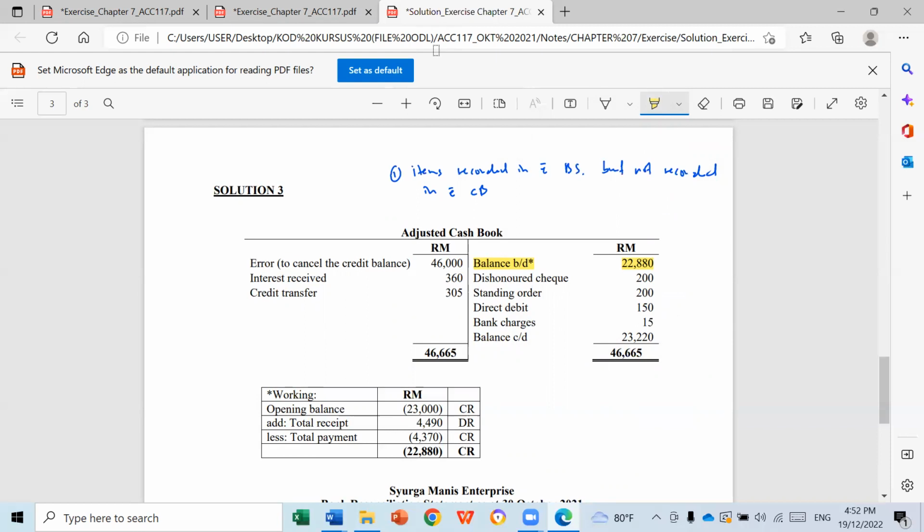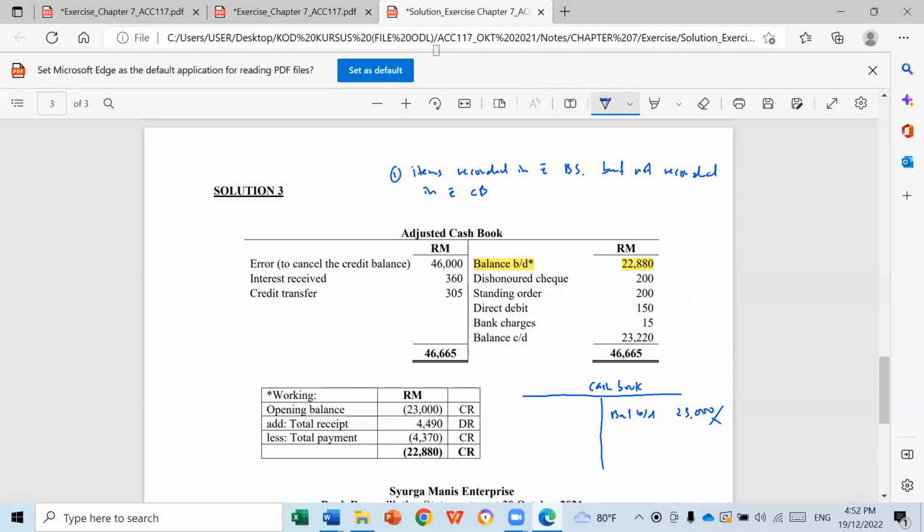Remember, the last time we were informed that in the original cash book, the opening balance of 23,000 was recorded on the credit side. But this is wrong. The amount should be recorded on the debit side as 23,000.